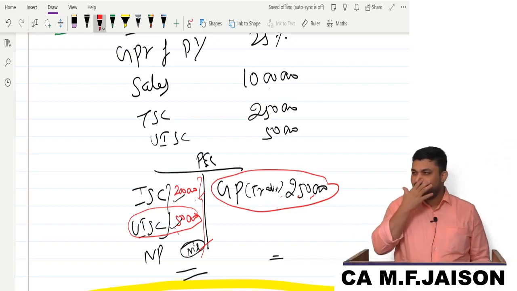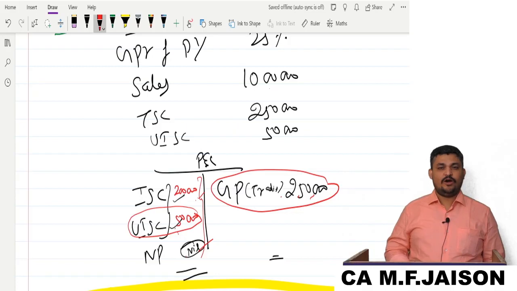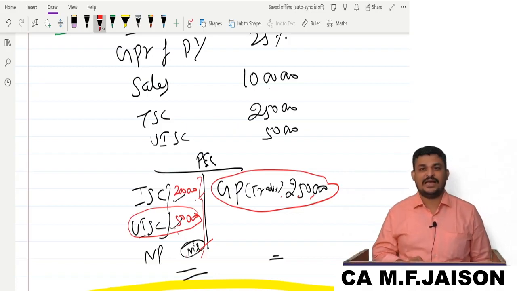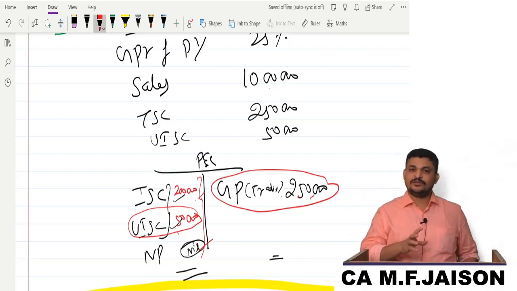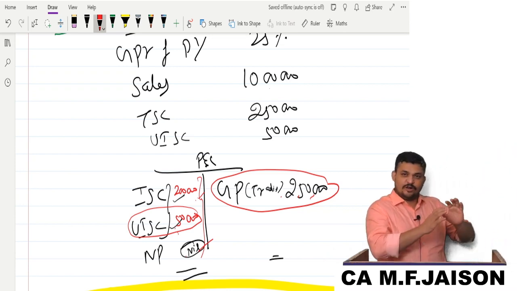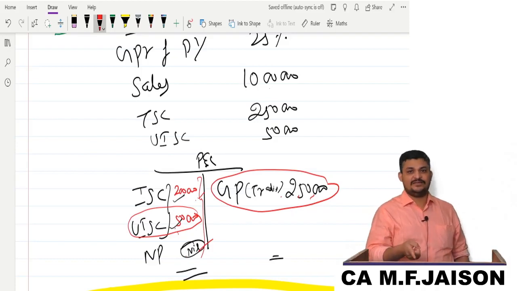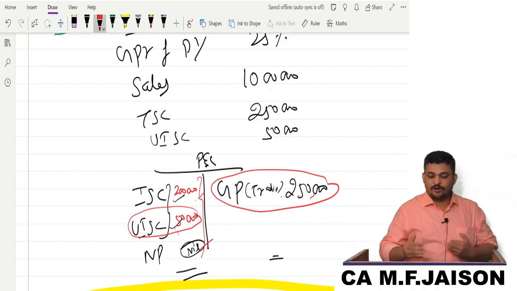Even though that is an alternative presentation, our institute module doesn't present so. Always they take it as net profit plus insured standing charges, because in insurance terms, my dear friends, the gross profit is defined like this. Only for computation convenience I have explained this, but we would like to stick with our presentation.